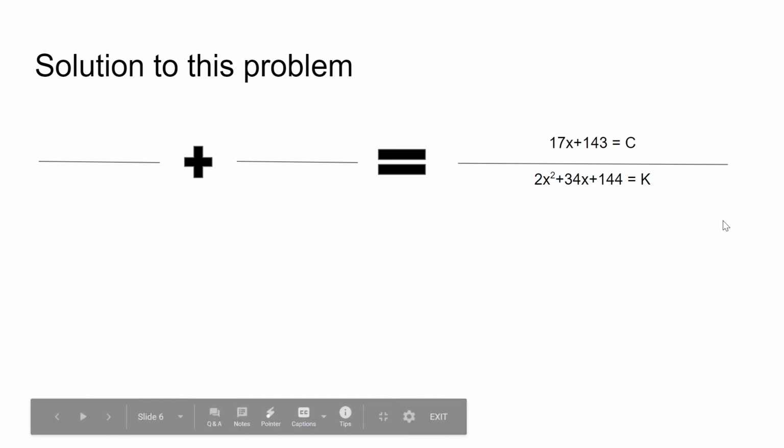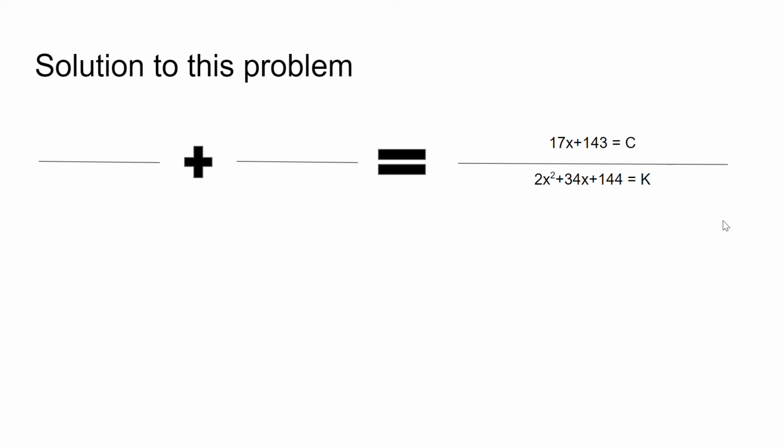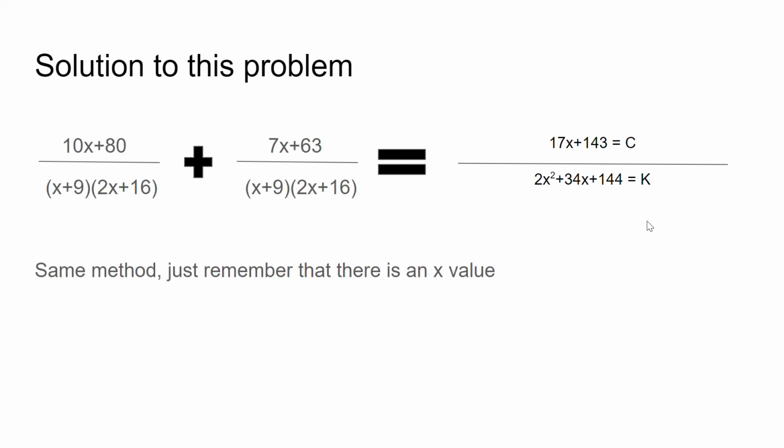So that was an accident by me. A corresponds to C and B corresponds to K. Sorry about that mistake. So when it says 17x plus that number, just assume it is C.